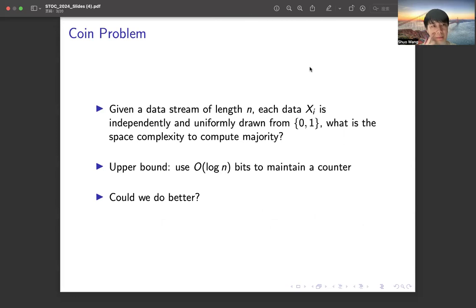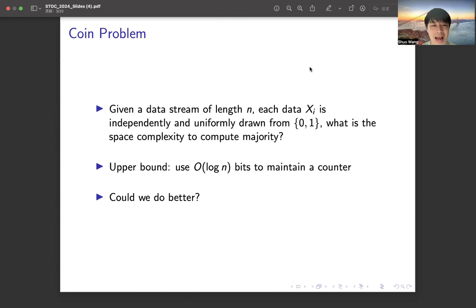The first problem involved in our paper is called the coin problem. In the coin problem, one is given a data stream of length n, and each data item is independently and uniformly sampled from 0 and 1. The question is, what is the space complexity to compute the majority?